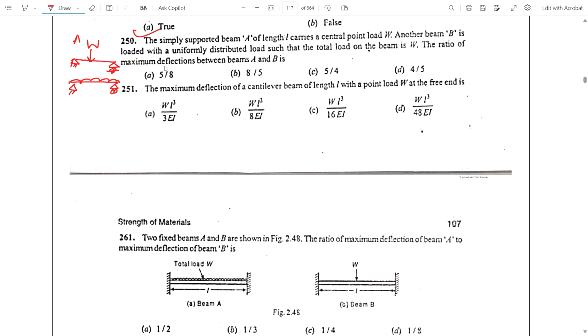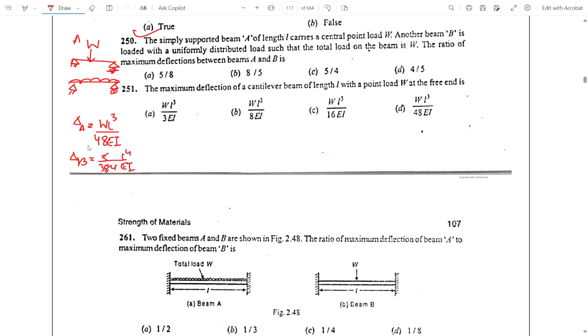Ratio of maximum deflection of A to B. Maximum deflection of A was W L cube by 48 EI, and for B it is 5/384 W L to the power 4 by EI.